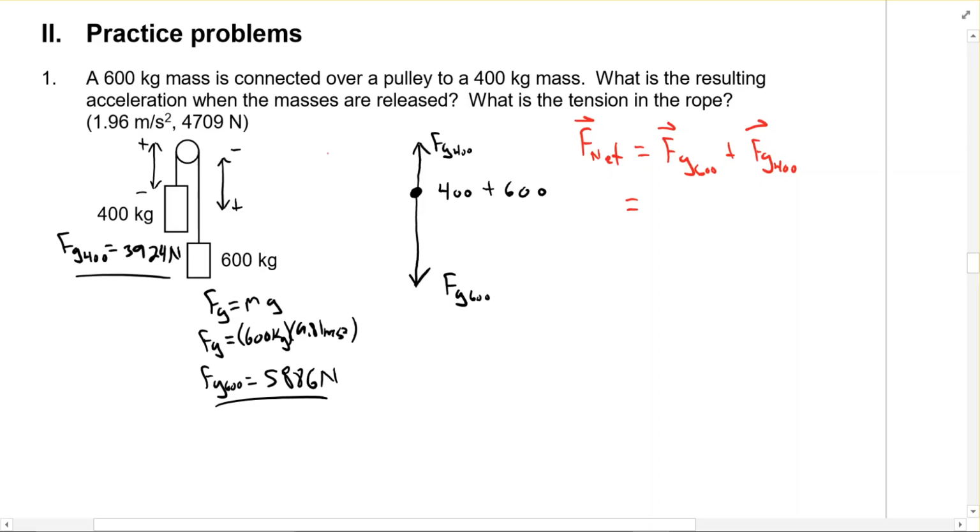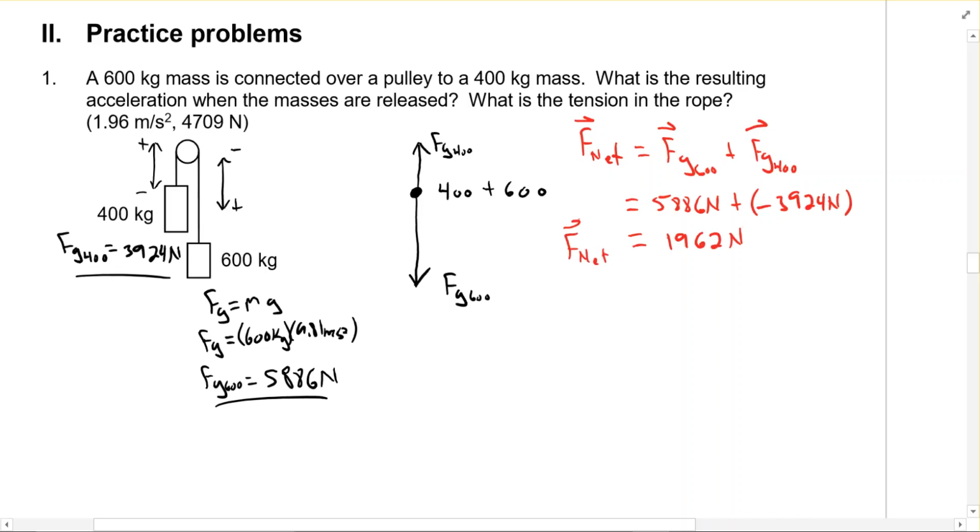So this is going to be 5,886 newtons, and then plus negative 3,924 newtons. So the net result here is going to be 1,962 newtons. So that's F net.